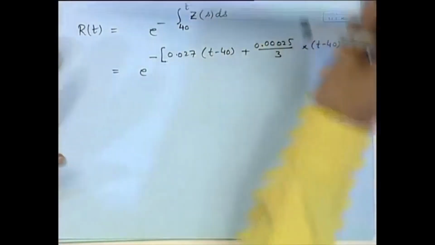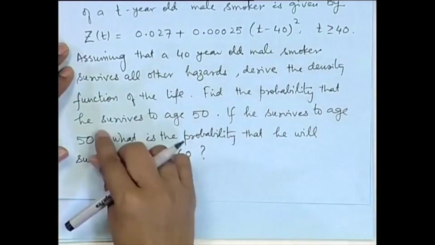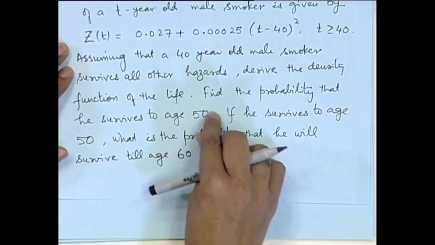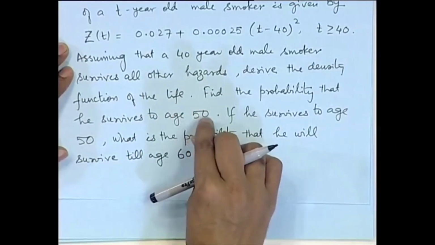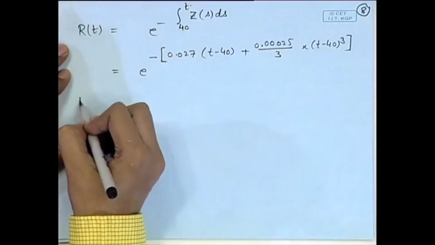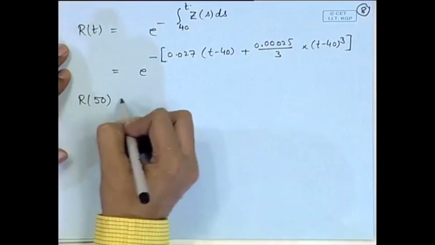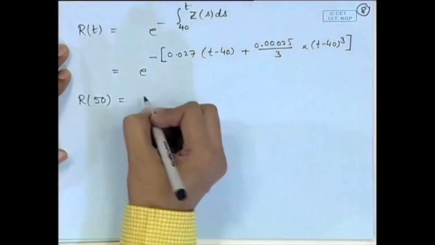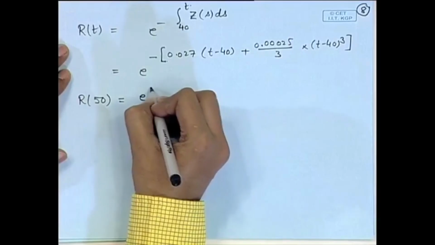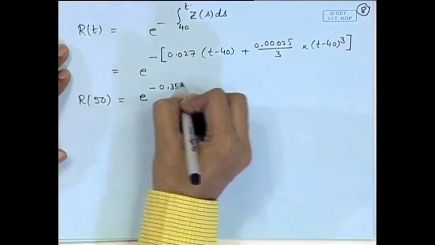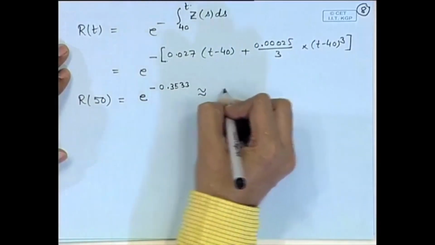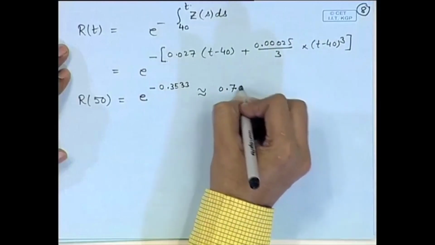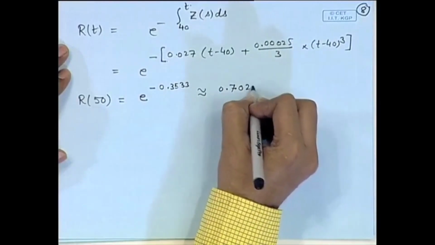One question was asked: find the probability that he survives to age 50. That means the reliability at t equal to 50. So, once we have the reliability function, we can calculate R 50, which is obtained by substituting t equal to 50 here. After evaluation it turns out to be e to the power minus 0.3533, which is approximately 0.702343.